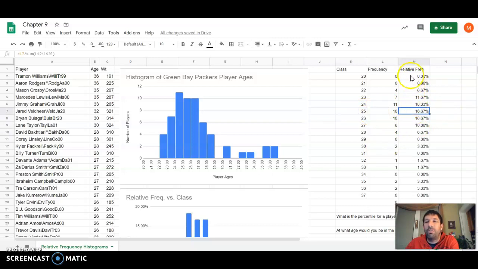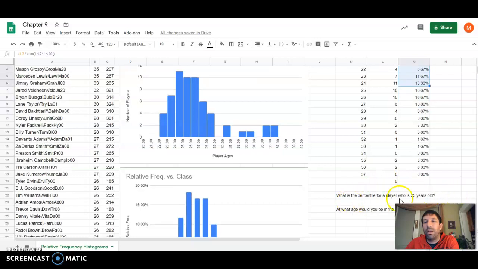If I want the percentage of players that are less than that, I can just highlight those percentages down to 24, and then I can look at the sum of those, which is a little bit under 37%. Okay, so we would say that we are in the 37th percentile.